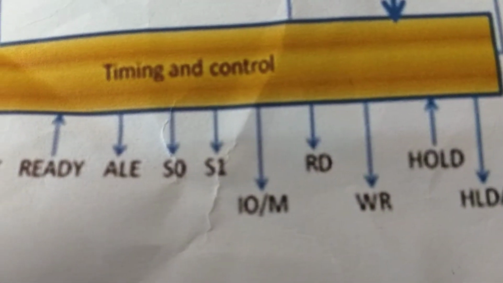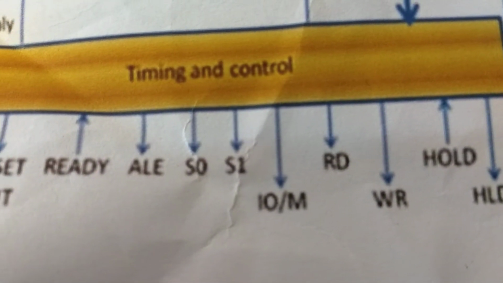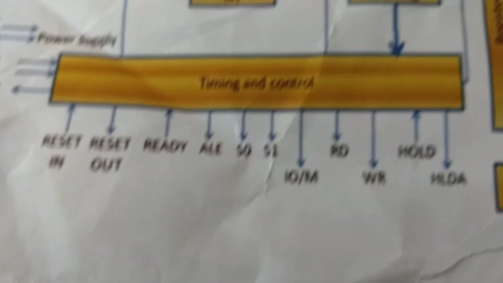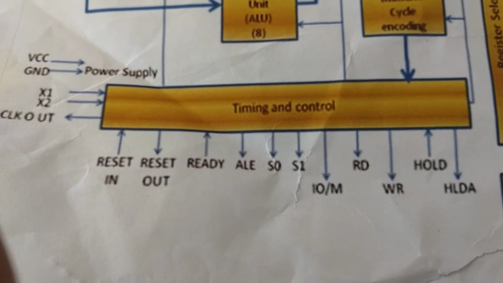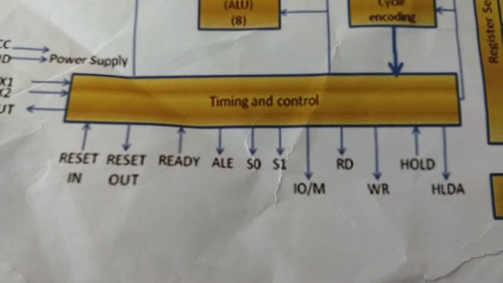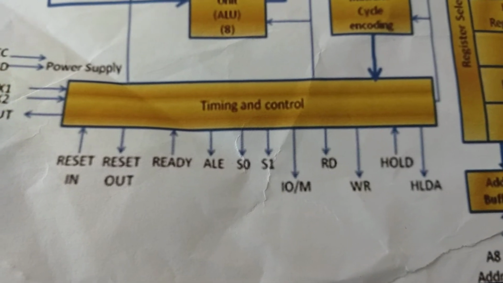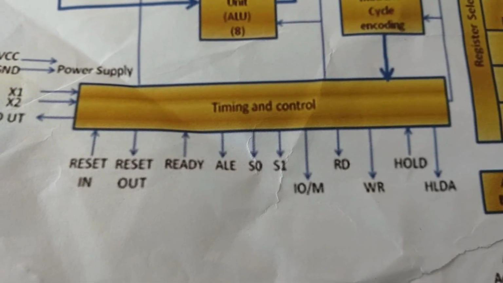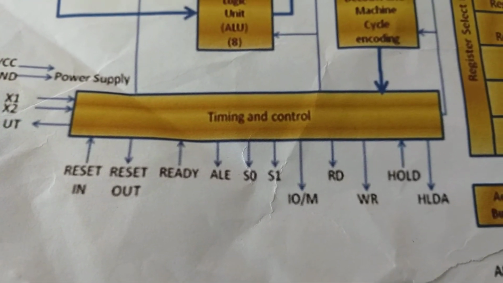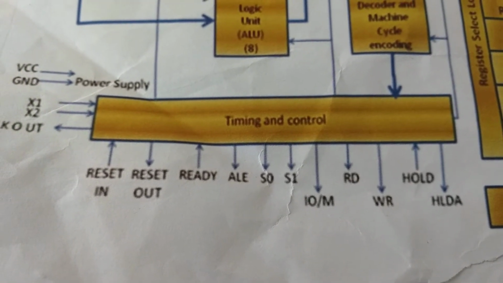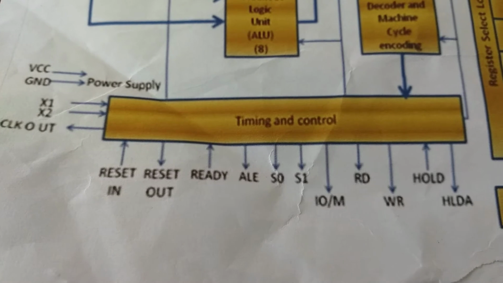Then next are S0 and S1, which are status 0 and status 1. Again, these are used for understanding the status of the signal. Then IO/M means input output and memory unit. Sometimes the memory is working and sometimes an input and output device is connected.